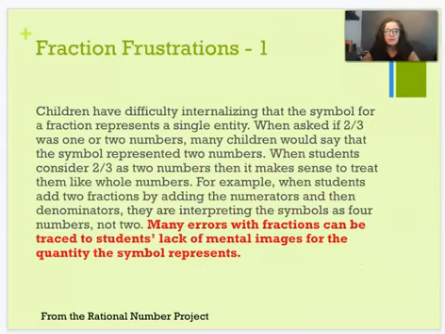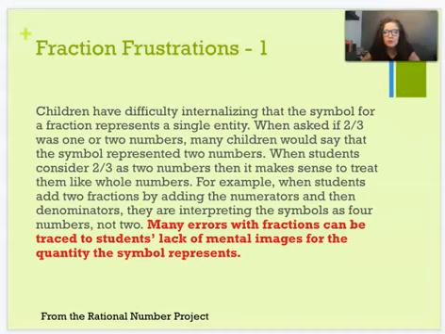Here are some fraction frustrations from the Rational Number Project. Children have difficulty internalizing that the symbol for a fraction represents a single entity. When asked if 2/3 was one number or 2 numbers, many children would say that the symbol represents 2 numbers. When students consider 2/3 as 2 numbers, then it makes sense to treat them like whole numbers.